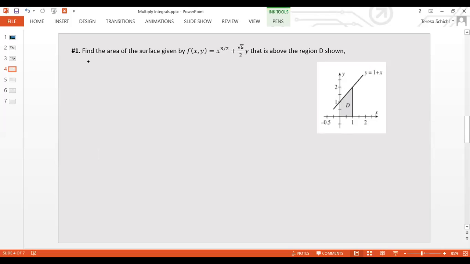The first thing is, we know the formula, so we take the partial with respect to x. What is the partial for x? The power rule gives 3/2 times x^(1/2), and y is a constant.